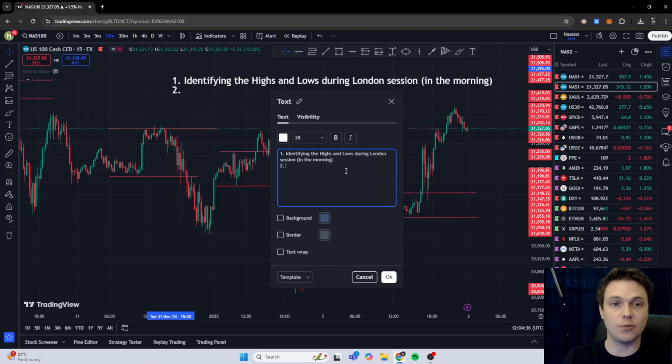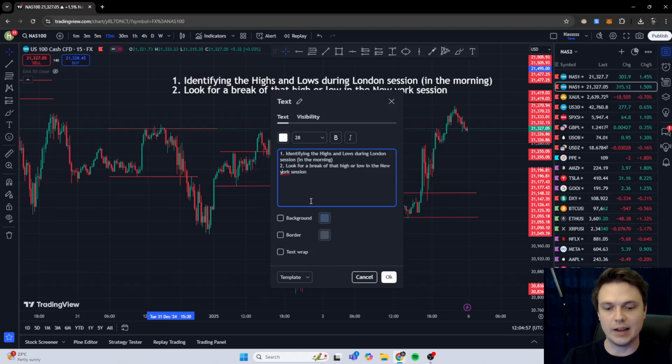So we'll get to that right now. Then number two is we're going to look for a break of that high or low in the New York session. So we're going to basically wait for it to break that high or break that low during, just before, maybe during or just after the New York session.